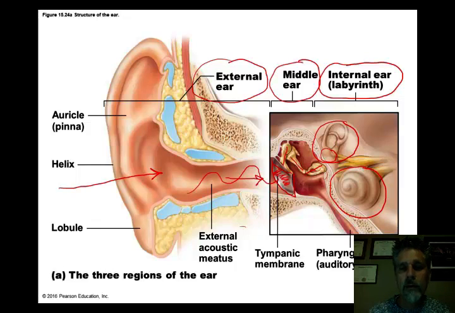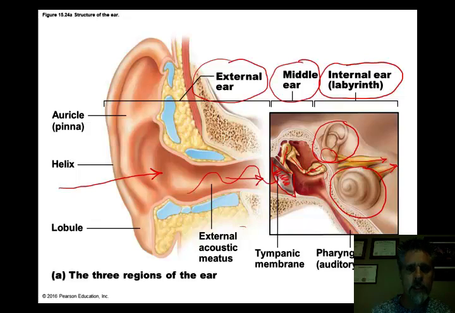Then we can see the nerves that are taking these special sense stimuli into the brain. Remember, from the central nervous system and then the peripheral nervous system, we have cranial nerves. Cranial nerve number 8 is the vestibulocochlear nerve, and we can see that there are 2 branches from it, going to the vestibule and going to the cochlea, routing that information from those sense organs into the brain.